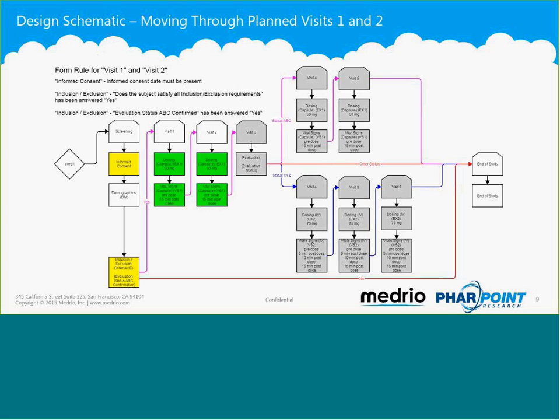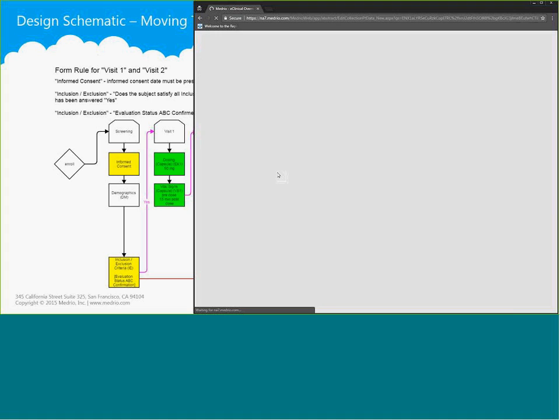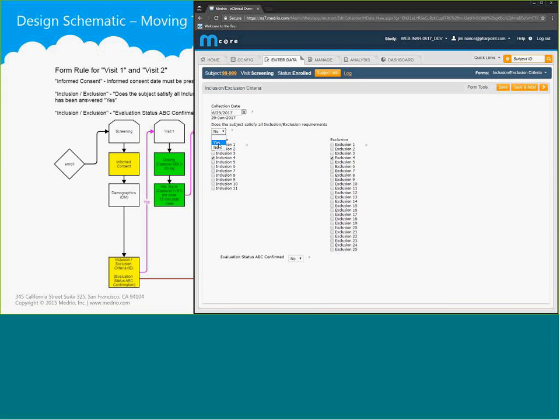Now, say you had a situation where that subject would not screen fail, where we would expect them to then proceed into our Visit 1 and Visit 2 sections. Essentially, it's the same criteria, the answer is just a little bit different. So we'll go back to inclusion-exclusion criteria and just update for that notation.